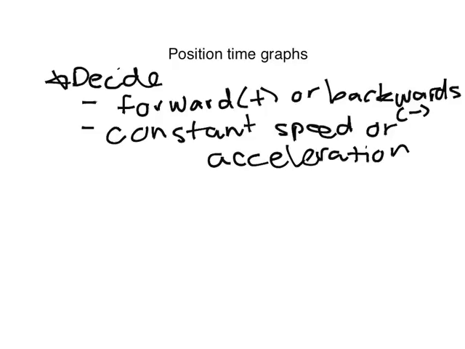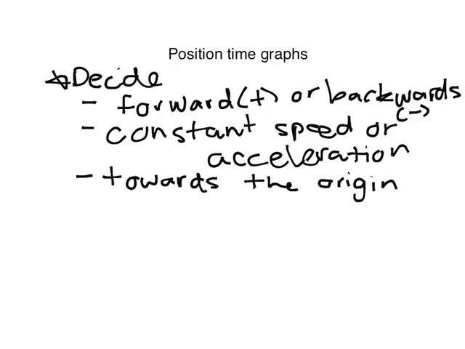Also, is it going towards or away from the origin? The origin is essentially where we decide to put 0. It's essentially arbitrary, we get to decide, but that's where the 0 goes.